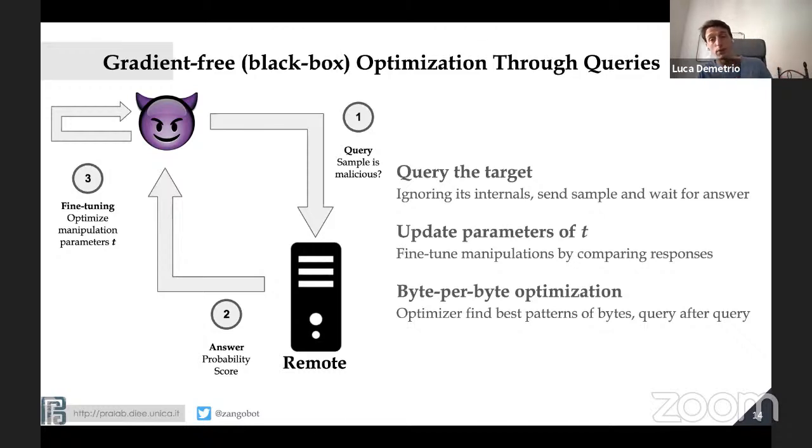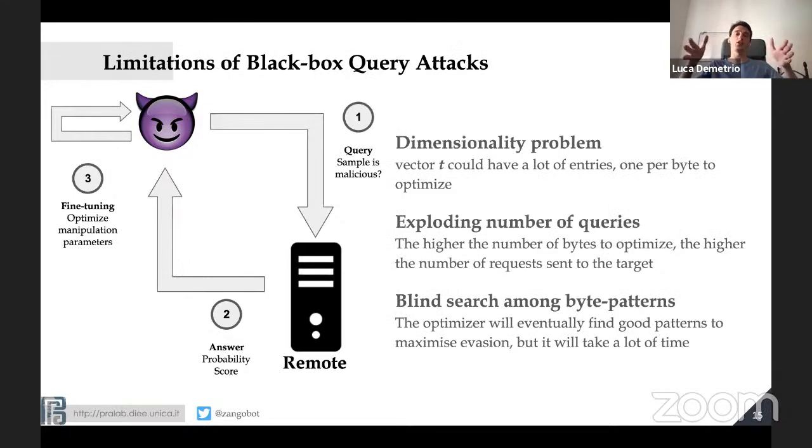This, of course, has problems, because imagine that you want to inject like 1K of bytes. It means that your black box algorithm needs to optimize 1K bytes. And this is very computationally expensive, and it's query inefficient. So if your target is your machine, no problem. But imagine your target is a remote service, VirusTotal, for instance, and you're sending 1K queries. That's a lot.